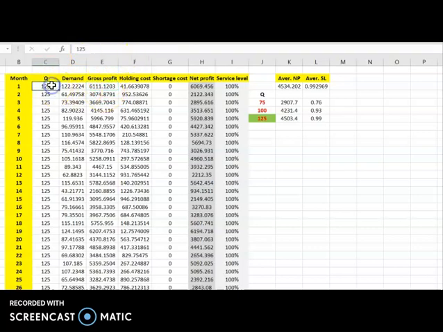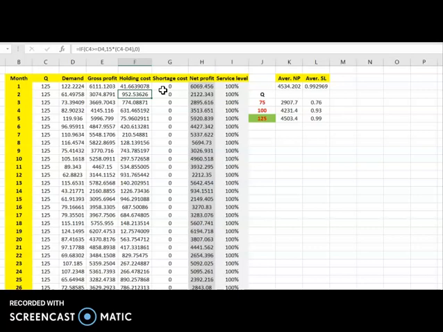But when they change the numbers, for example, instead of 100 they run their model with 125 according to activity 2, since only this part has changed, the answers regarding gross profit, holding costs, and all those things would be wrong.